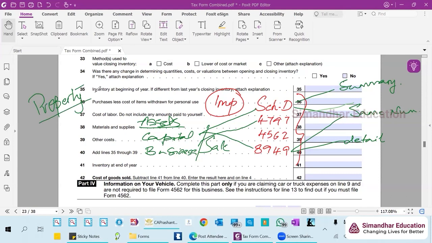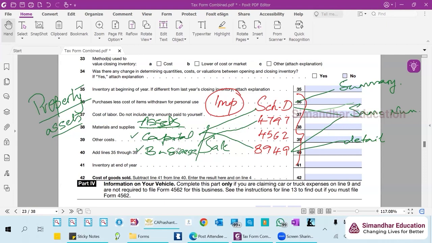Okay. So when I say property, I mean any assets that the individual owns. The types of assets that the individual can own can be capital or business. If it's a capital asset, and if I'm selling a capital asset, it would be what?